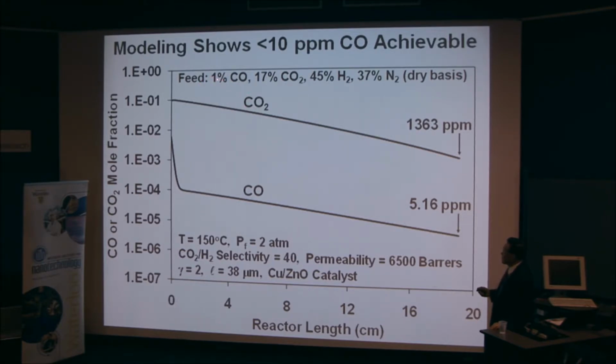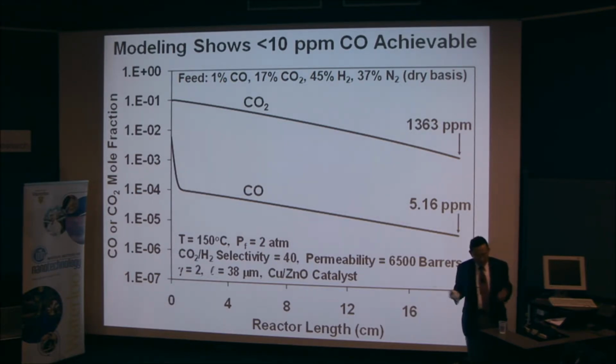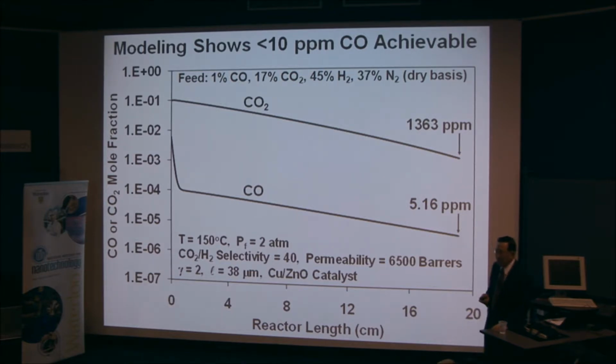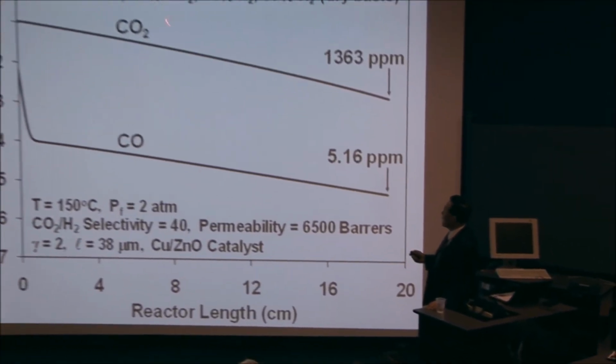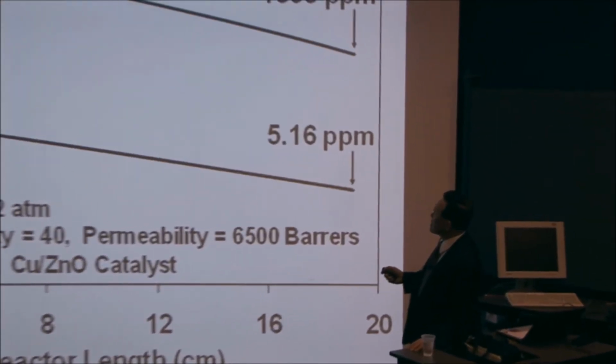Here we took a syngas composition containing 1% carbon monoxide. As I said, most refineries would be able to give you this kind of carbon monoxide concentration through the conventional water gas reaction.